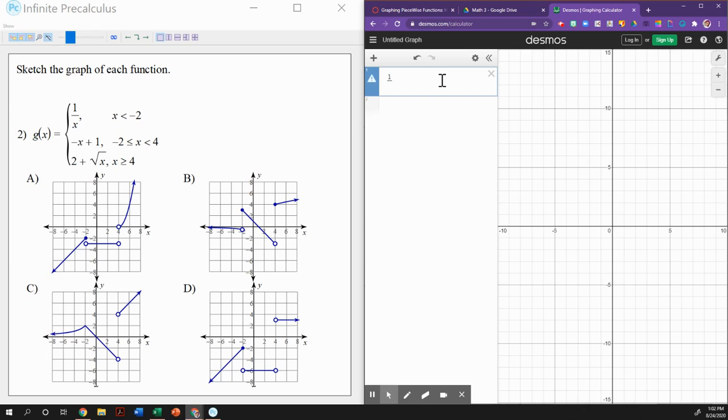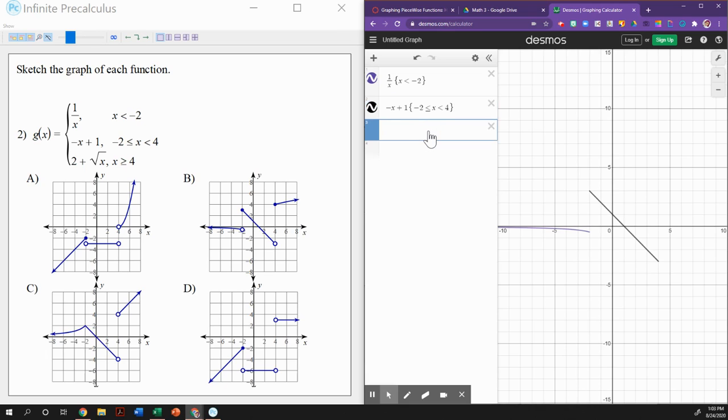1 divided by x, and then curly brackets, x less than negative 2. Honestly, what I'm testing is your ability to type something in. Negative x plus 1, and then can you make a comparison? So negative 2 less than or equal to x less than or equal to 4, curly bracket.